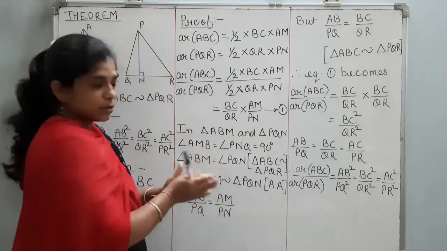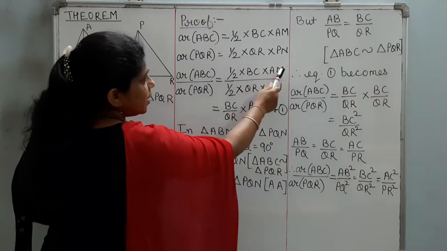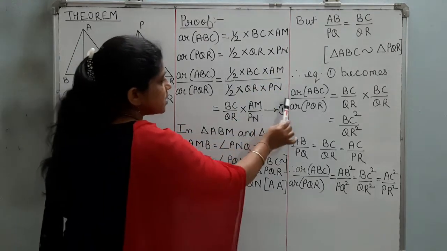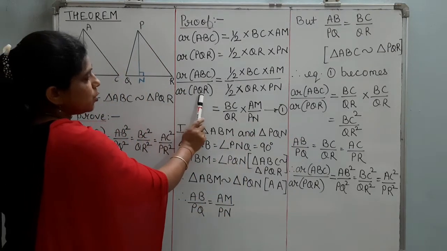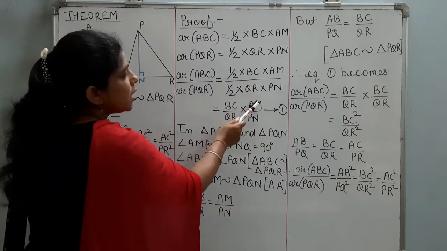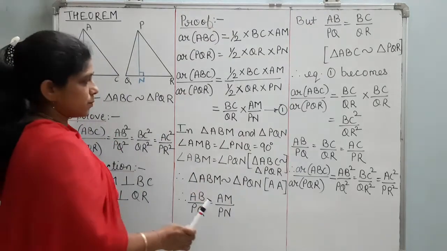What are the remaining terms? BC upon QR into AM upon PN. For the sake of timing, I will mark this as equation 1. Area of ABC upon area of PQR is BC upon QR into AM upon PN. Let us mark this as 1.